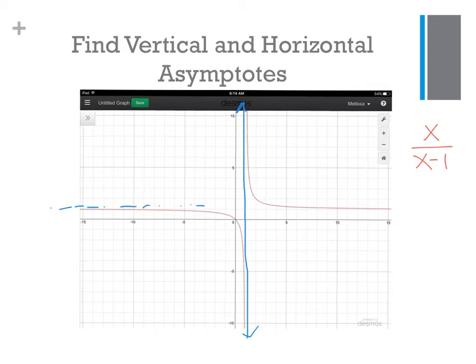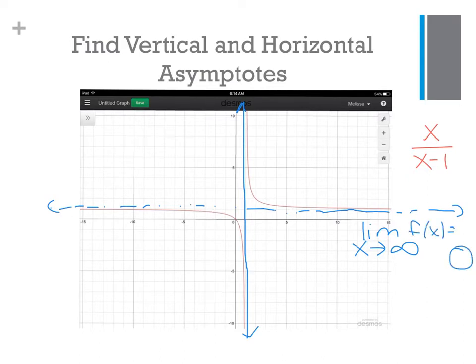If you were to find the end behavior of this function, as x approaches infinity, the limit of the function as x approaches infinity gives you a y coordinate of, not 0, my bad, of 1.